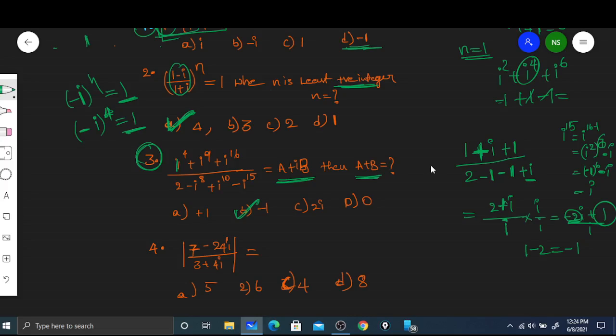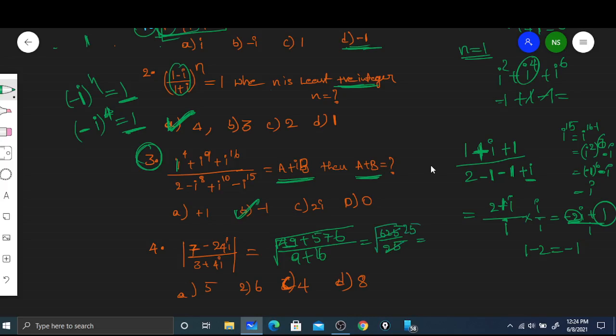Then coming to how to find the modulus, we all know it is a square plus b square under square root. If we apply that, 49 plus 576: 7 square is 49, 24 into 24 is 576, under square root, divided by 3 square is 9, 4 square is 16, 9 plus 16 is 25. 625 divided by 25, we will get 25.